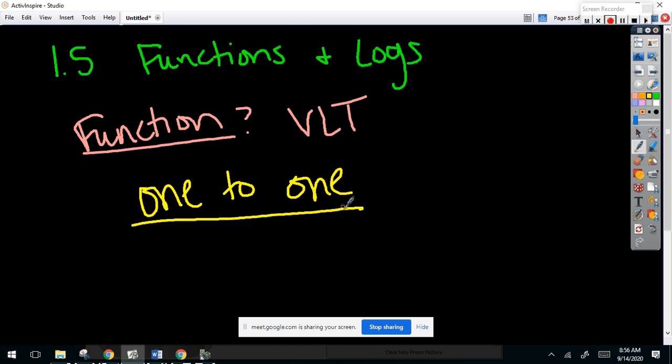Does that make sense? Can you think of a 1-to-1 function? y equals x is 1-to-1, yes. How about the growth we've been doing? The growth and decay, that's 1-to-1. Not a parabola.